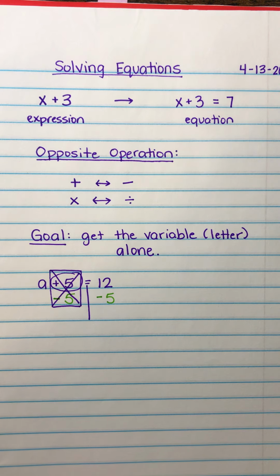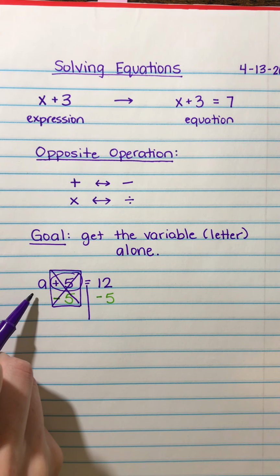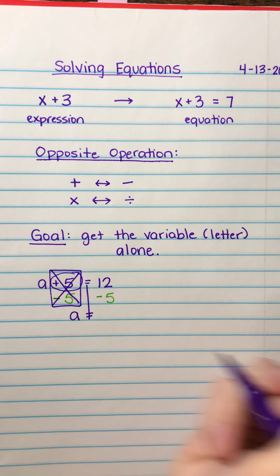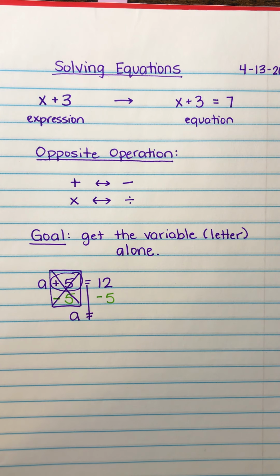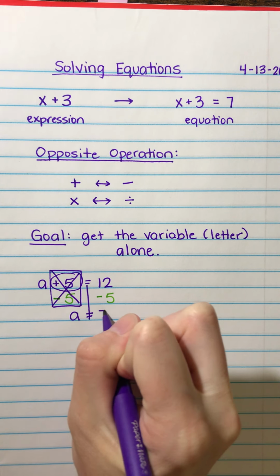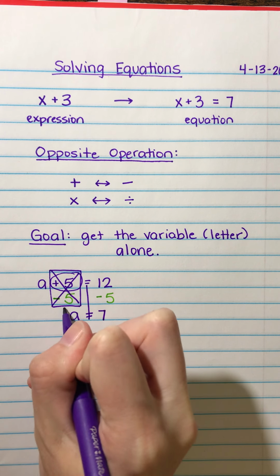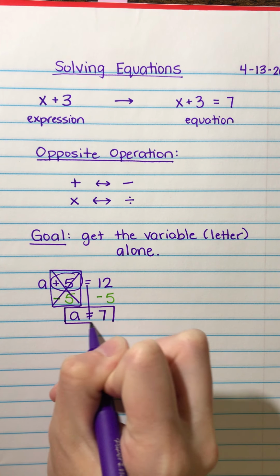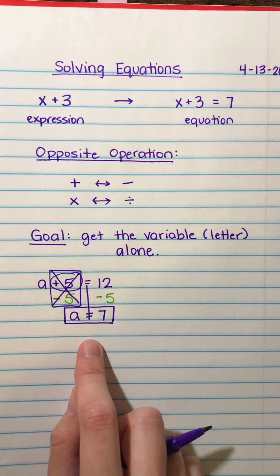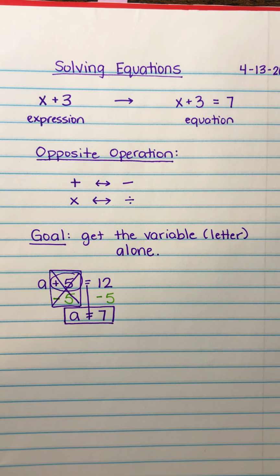It's to get rid of that altogether. What I do have left over is the letter A. Now if I solve the other side of the problem, I can find out what A should stand for. I've got 12 minus 5, which makes 7. So unlike expressions where we didn't really get an answer like this, today with equations, you're always going to find an actual answer.